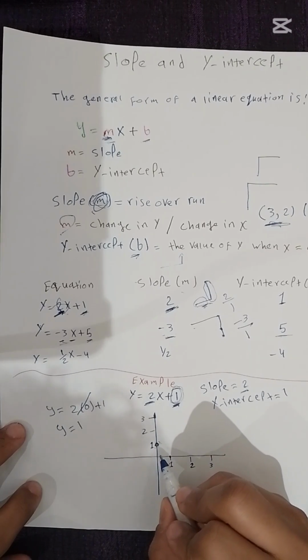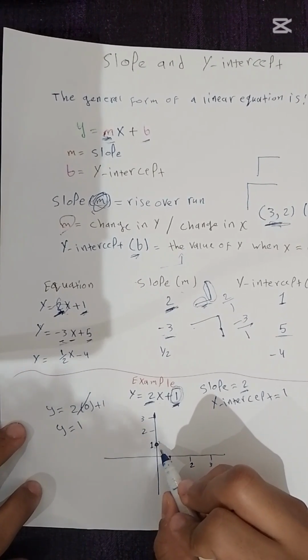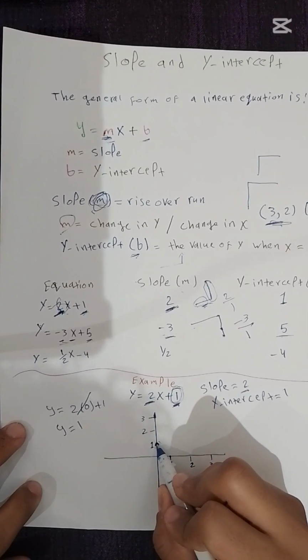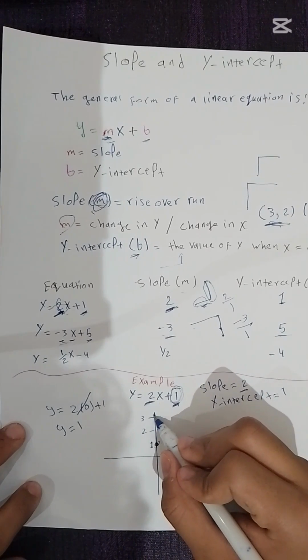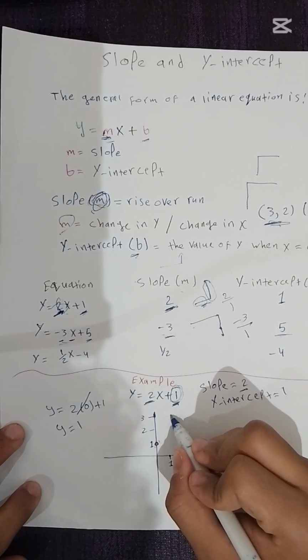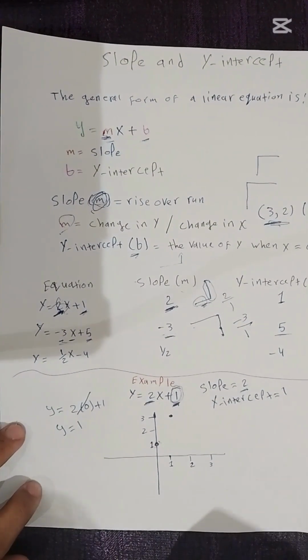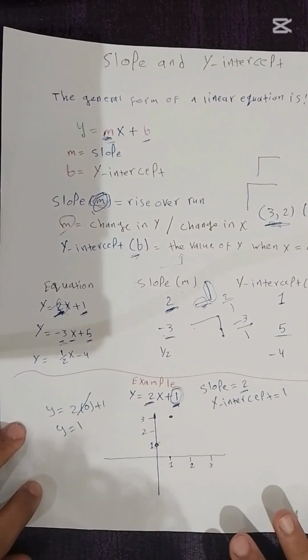So from this point we go up 2 units and right 1 unit. So 2 up and here 1 to the right. As I mentioned, the slope is the change in y over change in x.